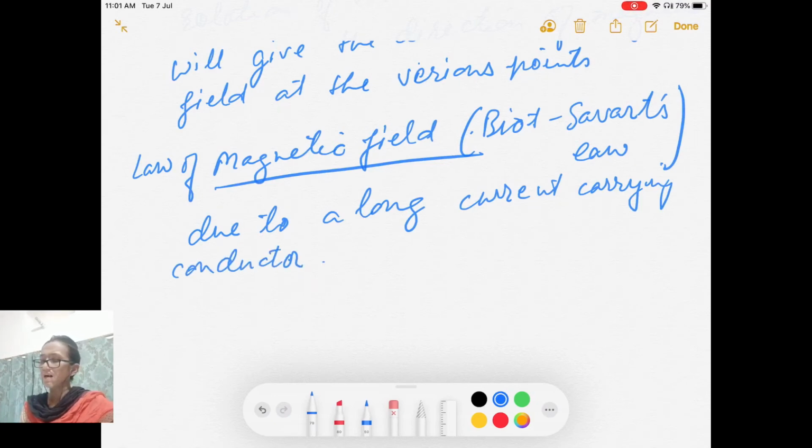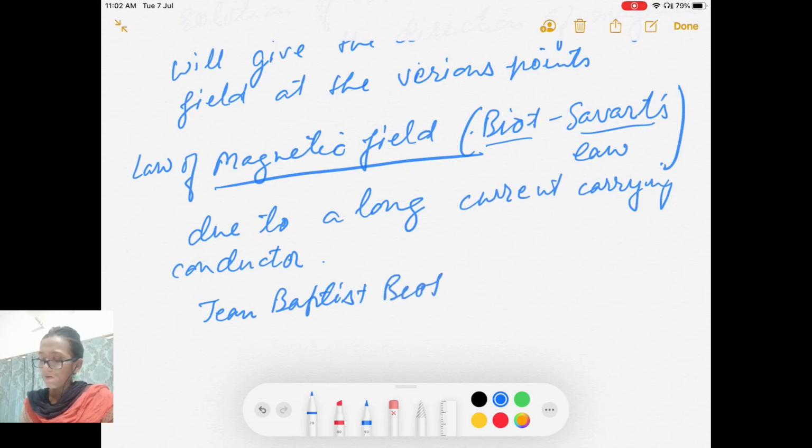These are the two scientists: Jean-Baptiste Biot, and the other was Felix Savart.